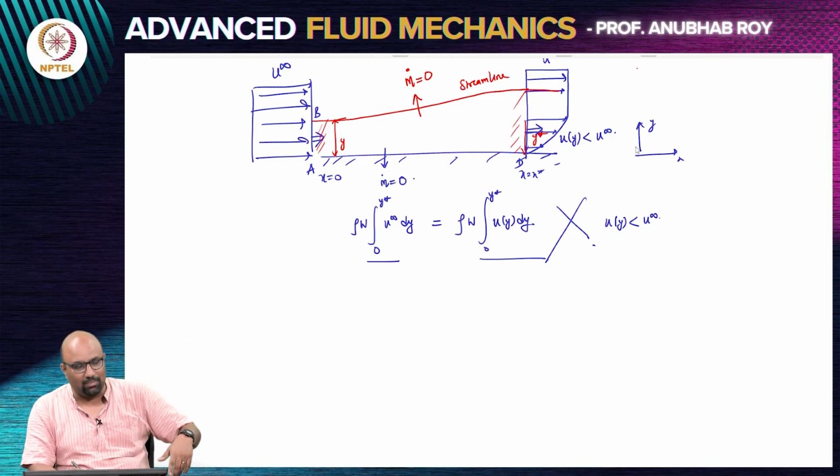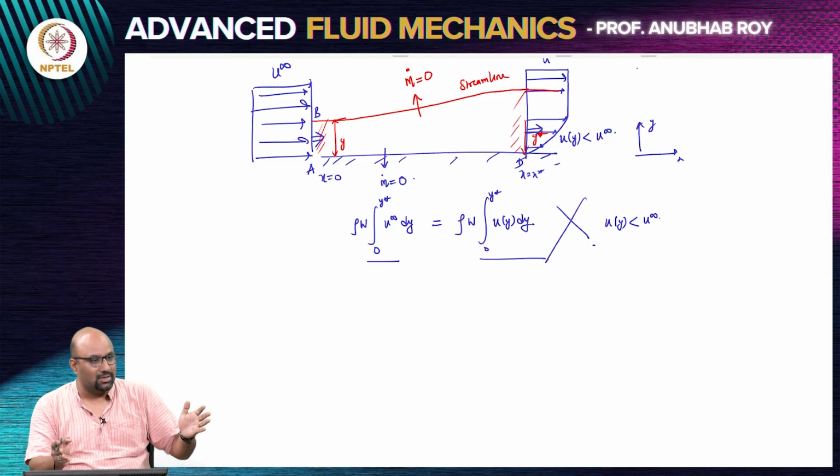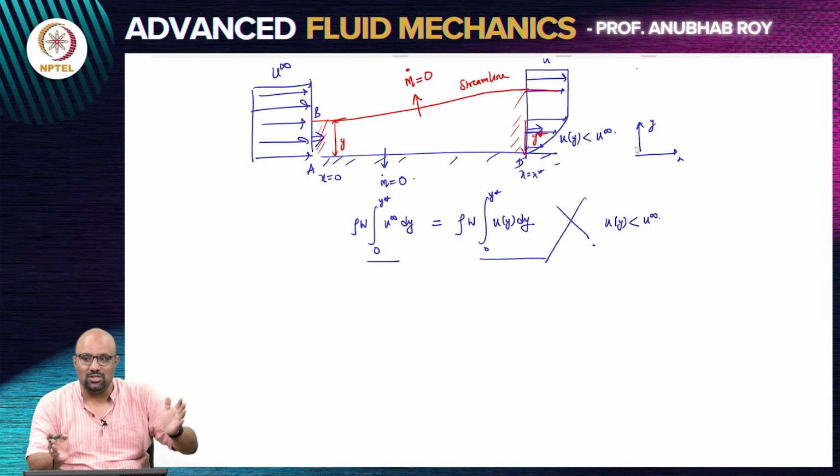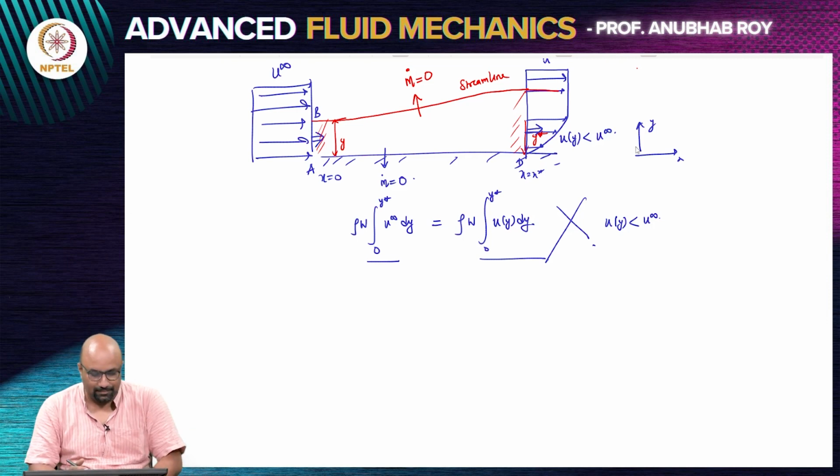The plate at the bottom is also a no penetration boundary condition. So, it is like a pipe or a channel which is diverging. It is diverging because the velocity as you go further downstream has slowed down due to viscous effects. That is the reason why the streamline is spreading out or fanning out.